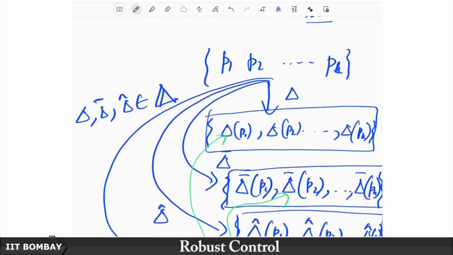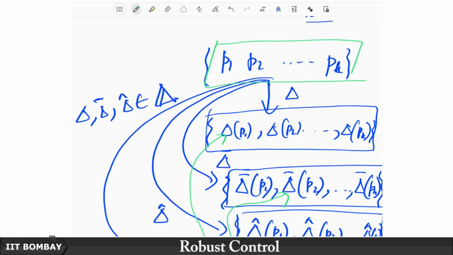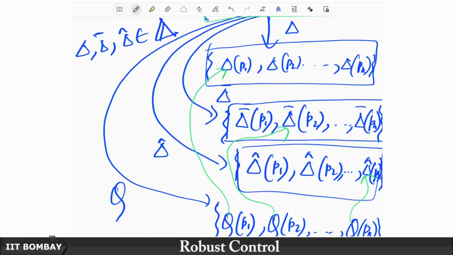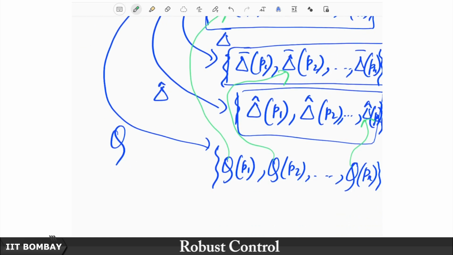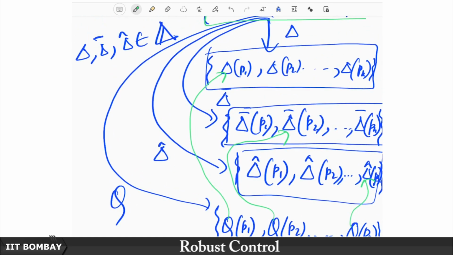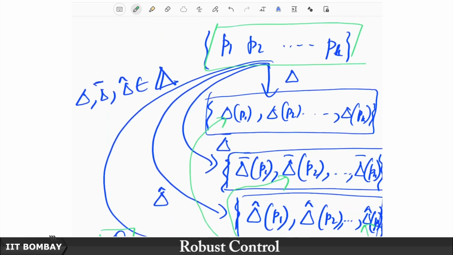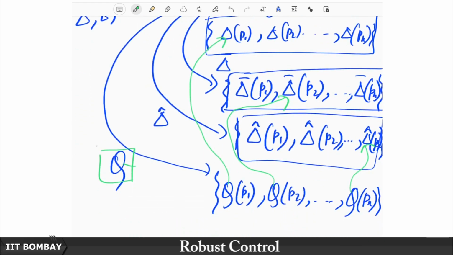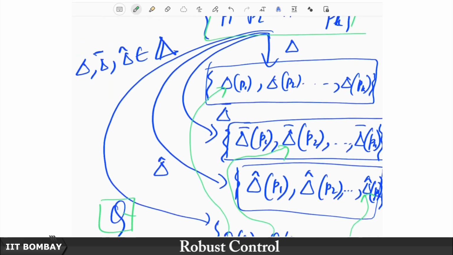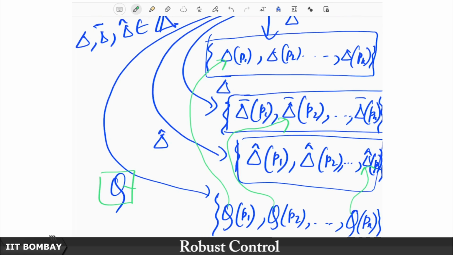You take the possible inputs from here and you take the possible outputs from all of these sets, it could be any one of these. So, Q P, when you hit these signals P1, P2, P3 till Pk with the original nonlinear complicated dynamics, the complicated map Q, you are sure to end up with some of these signals. So, maybe when you hit P1 with it you get this signal, when you hit it with P2 you probably get this signal, when you hit Pk with Q, you probably get this signal.